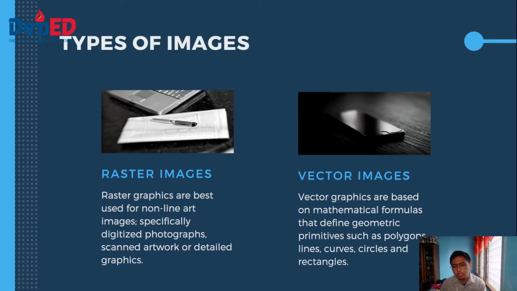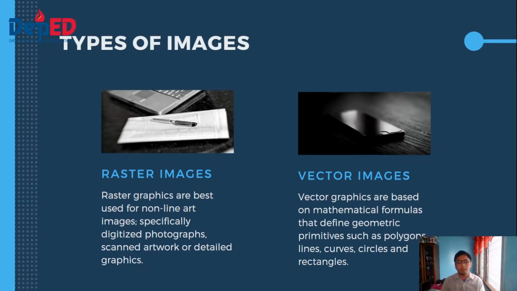But on the other hand, vector graphics are based on mathematical formulas that define geometric primitives such as polygons, lines, curves, circles, and rectangles. So we can simply say that a vector image is composed of shapes. In a computer, the root word is compute, so there are mathematical equations.